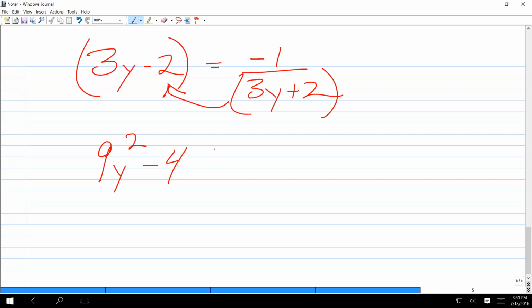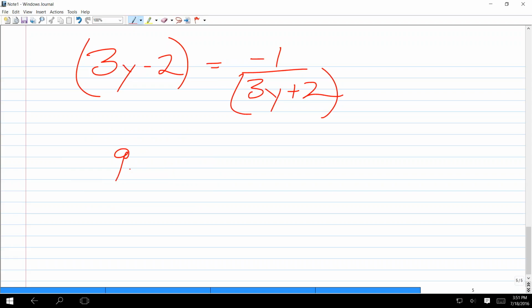In other words, if I gave it to you in this format, you would say, oh, that's the difference of perfect squares, 3y minus 2 times 3y plus 2. It's important in almost every aspect of math to be able to go both ways. You not only want to be able to factor the difference of perfect squares, but also multiply them back together again quickly.